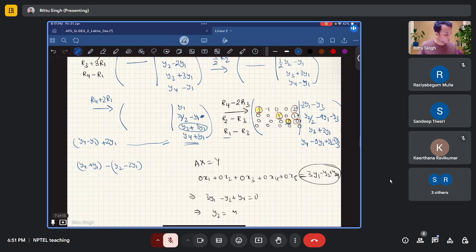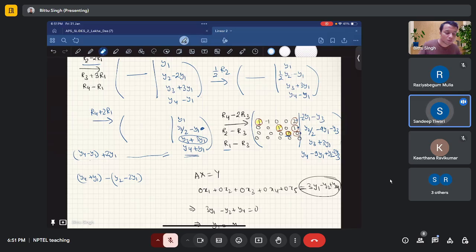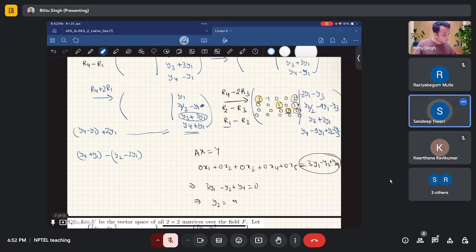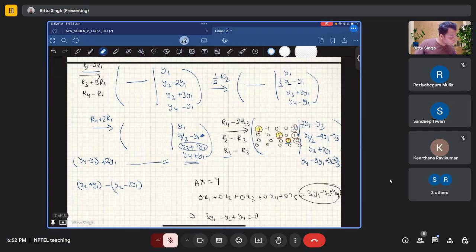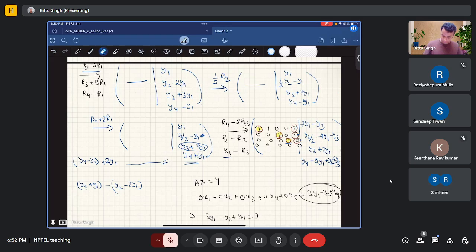I have made a mistake in the computation of the fourth row. Sir, the coefficient of y1 should be 3. You should get minus 9, right?